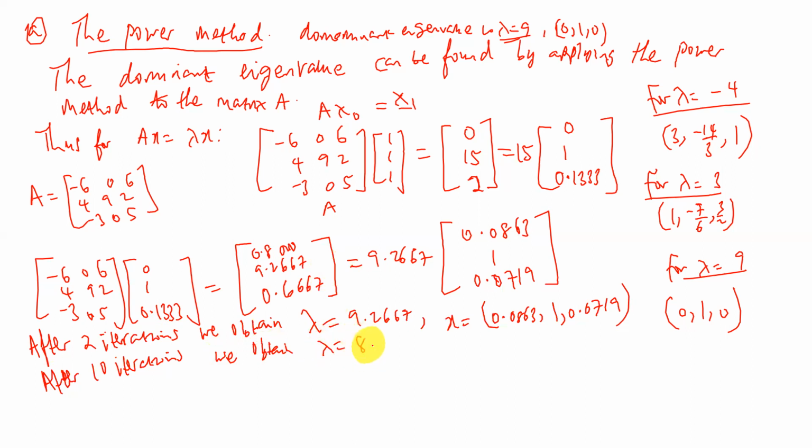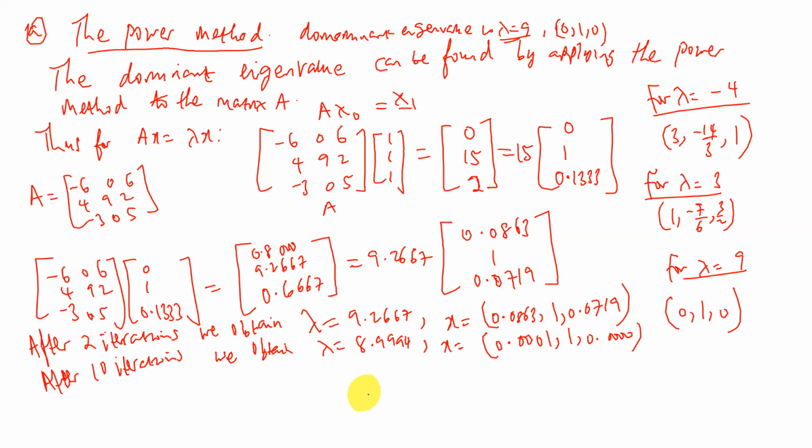Obtain lambda equals 8.9939 and a 4, 0.0011, zeros here, 4 of them.